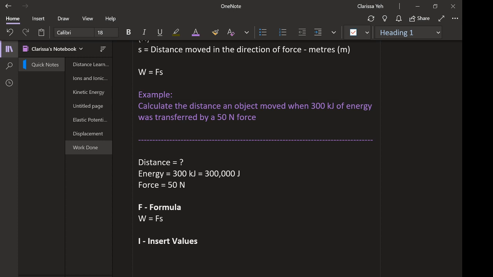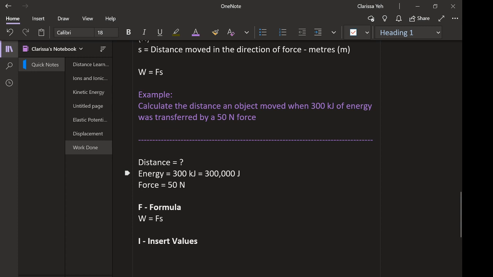Next step, I insert my values. I look at my list and my formula, and I look at each letter of the formula and see on my list if there's something I can substitute in. So W, which is work done, how much energy got transferred. Do I have an energy transferred?